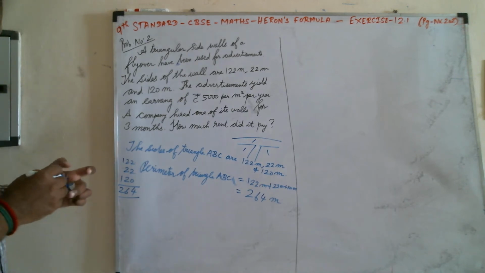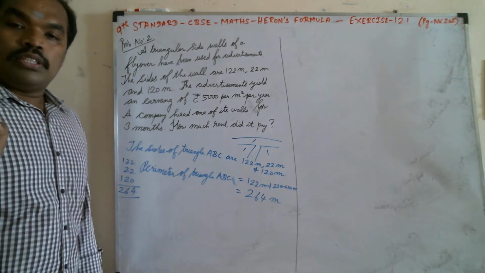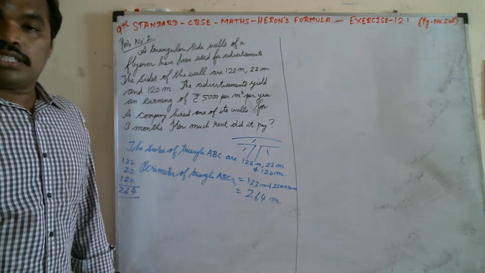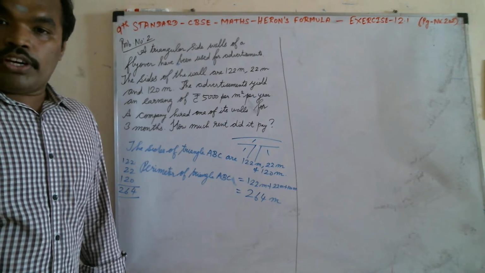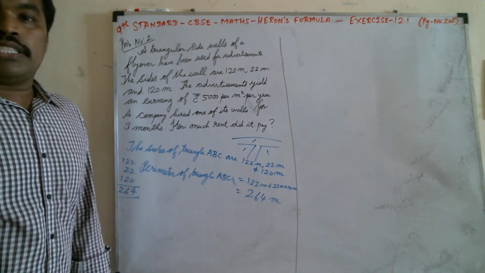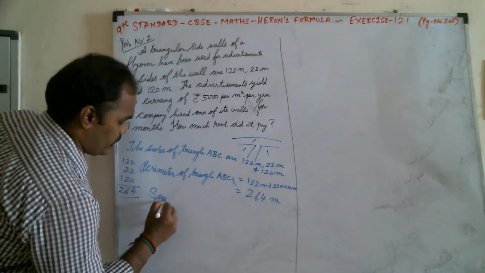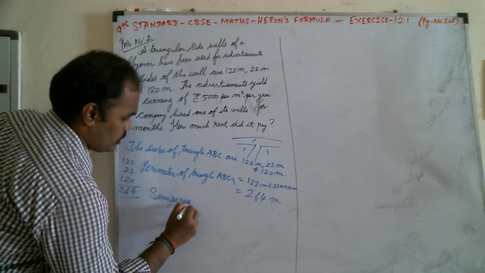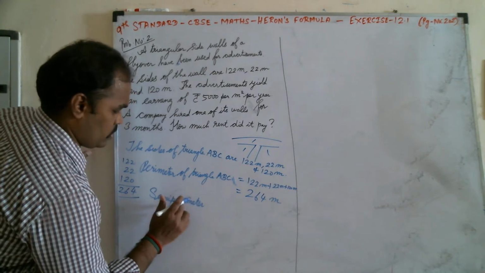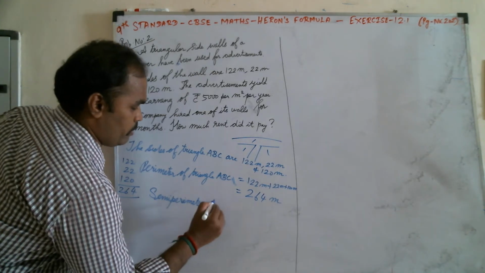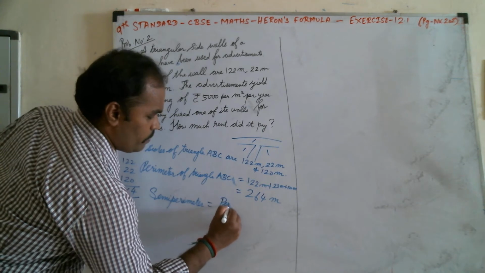The next thing, we need to find out the semi-perimeter, because in Heron's formula, only through the semi-perimeter can we find the solution. So semi-perimeter is equal to, what is the formula?